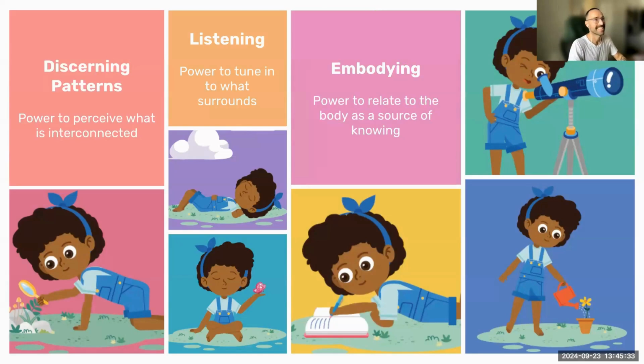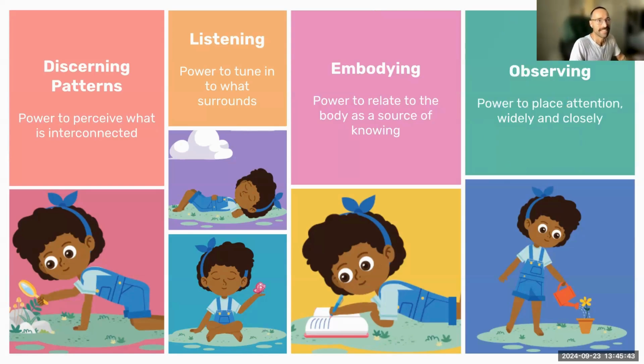Embodying, that's a power to relate to our body and sensations as a source of knowledge, not just our rational minds. Observing, that's the power to place attention either very widely, broadly, or closely. Some people pay attention to the larger things, some people pay attention to details.